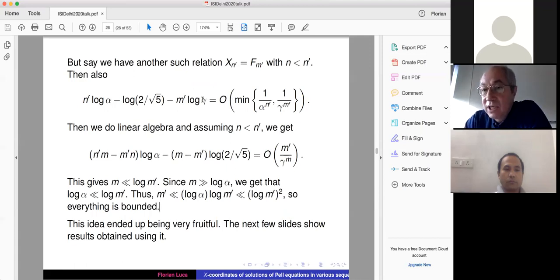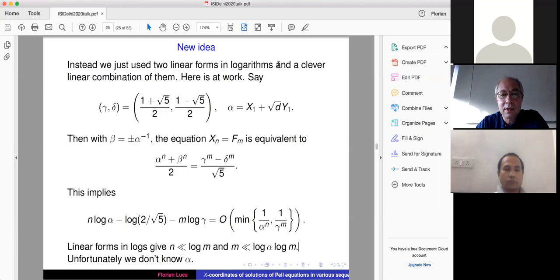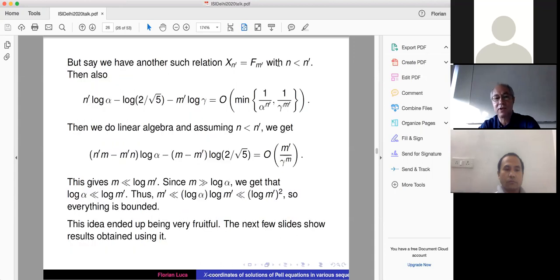So when I have two linear equations, if I have a variable that bothers me, then I can eliminate it by multiplying each equation by some coefficient and taking the difference. That's exactly what we do here. I multiply this one by the number n, and I multiply the previous one by the number n prime, and I take the difference. And when I take the difference, I get this form, which is small.